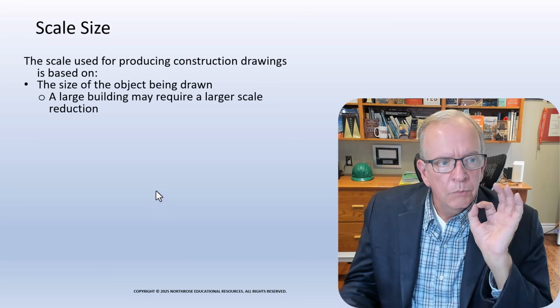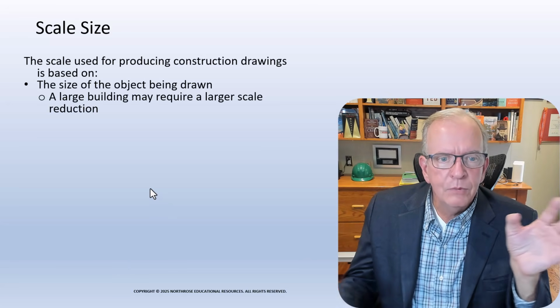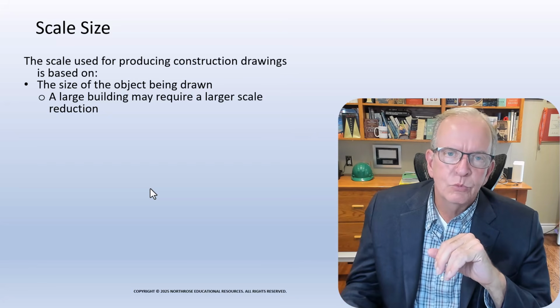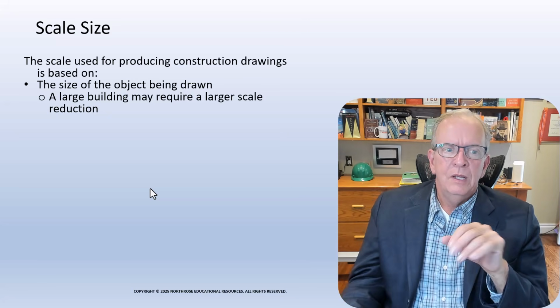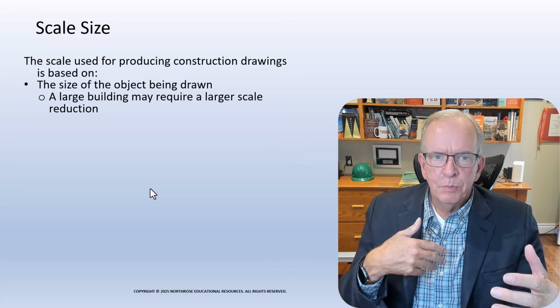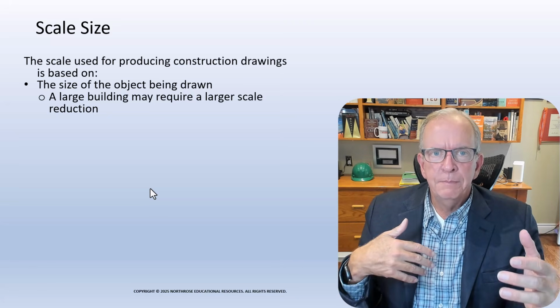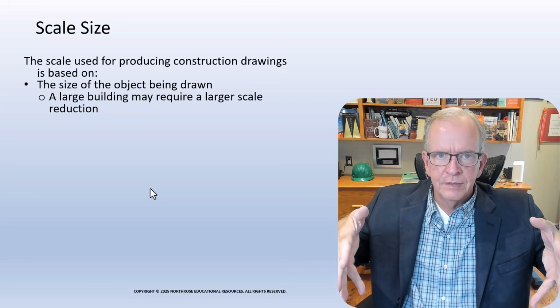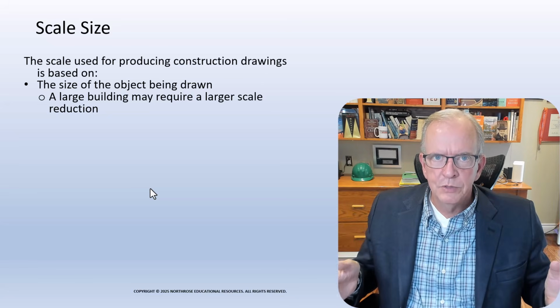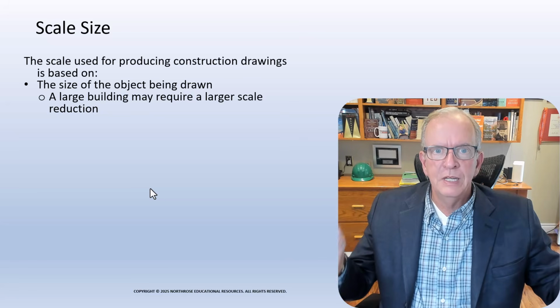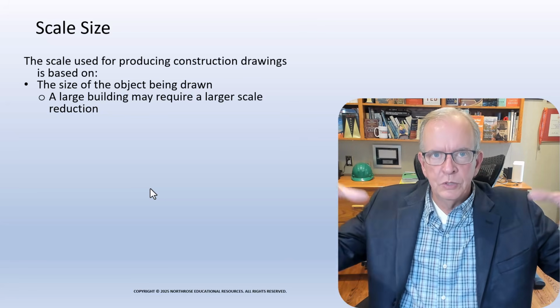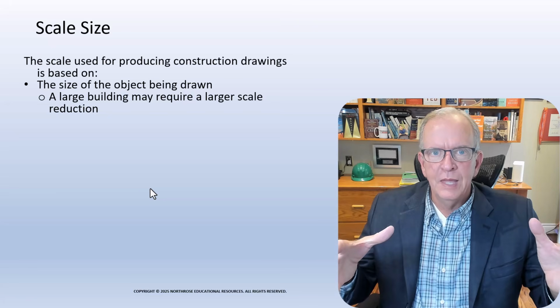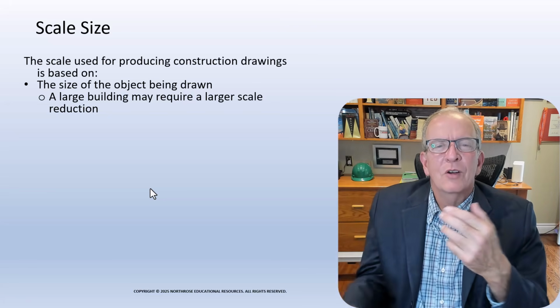So this type of scale and the amount that we're going to scale it down is really based on, like I said, if we're talking about print, the size of the paper that we're putting it on, because we have to scale it down enough that the building fits on the print medium that we're using. Like if we're using an 11-inch by 17-inch sheet of paper, we want to make sure it's scaled small enough that it fits on that, but not too small that it becomes hard to read.